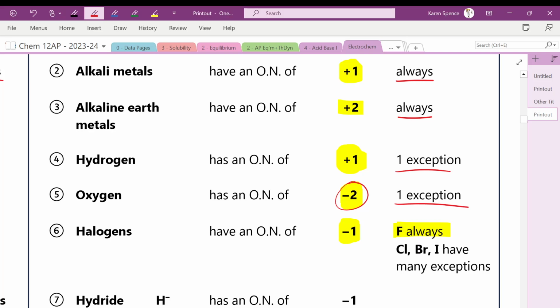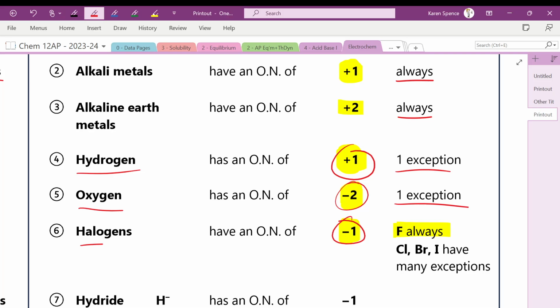Unless you're being asked to find the oxidation number of hydrogen or oxygen or the halogens, you can assume that they are +1, -2, and -1, because those are sort of the foundations upon which we build our other oxidation numbers.